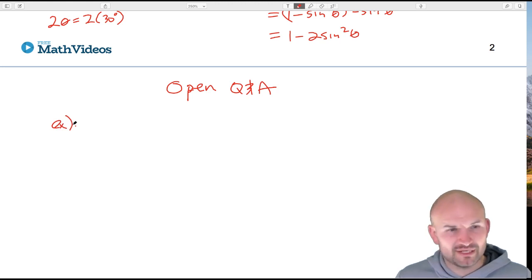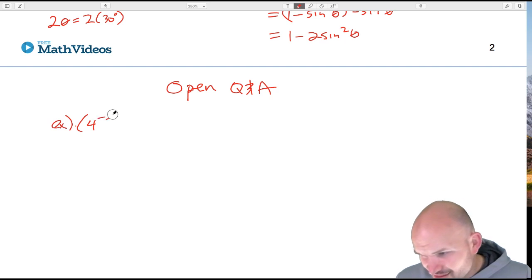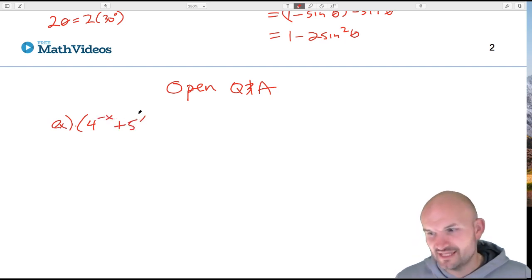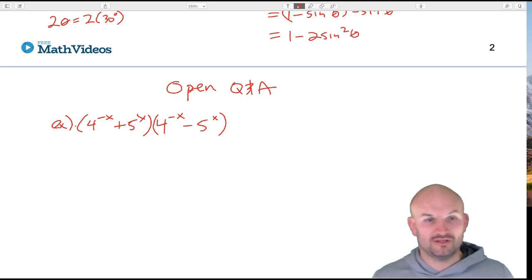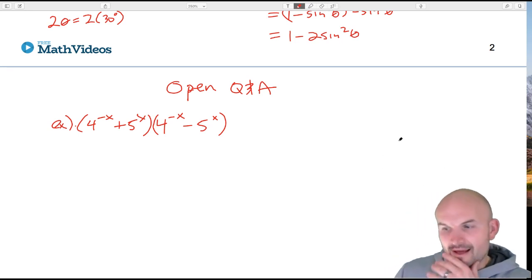So I'm assuming you just want me to multiply 4 to the negative x plus 5 to the x times 4 to the negative x minus 5 to the x. Okay, well, now this one isn't as bad as it looks kind of crazy, right?